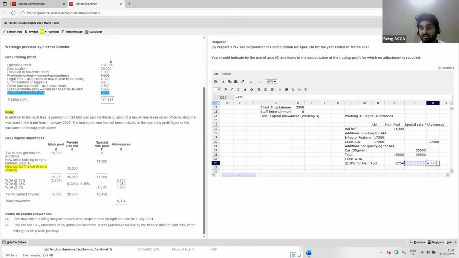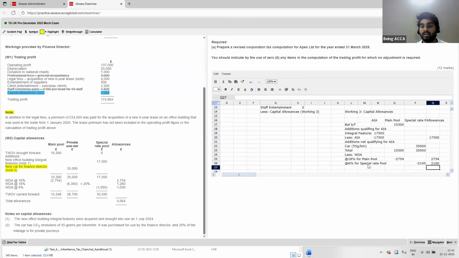All right, next at the rate of 6% for the special rate pool, which is this into 6%, giving us a total of 2,100, which should be taken into the allowances column.